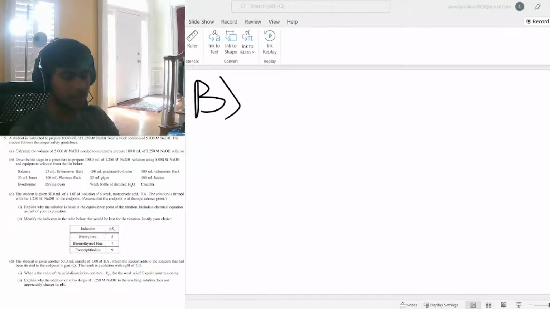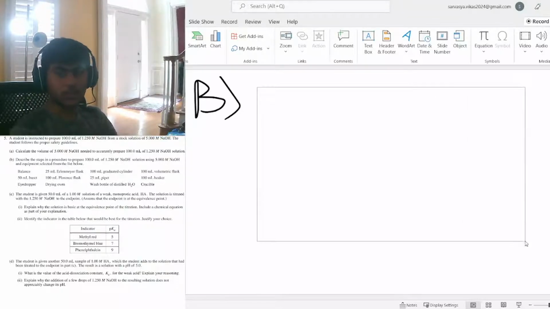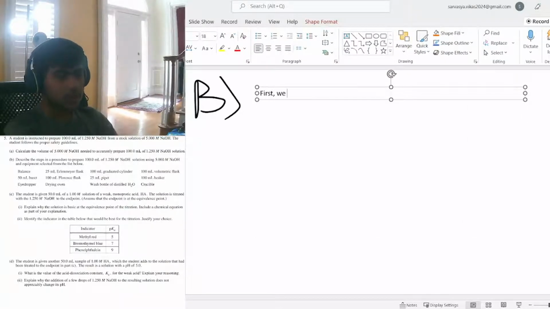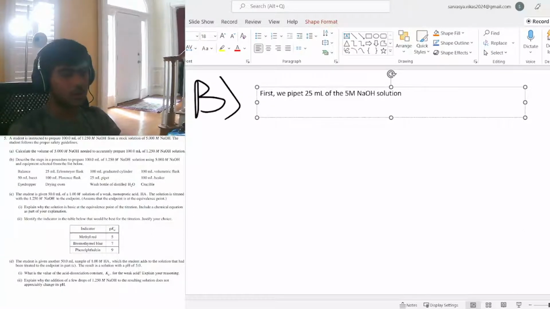So let's say first what we're going to do is pipette 25 ml of the 5 molar NaOH solution. Alright, that's the first thing we do.